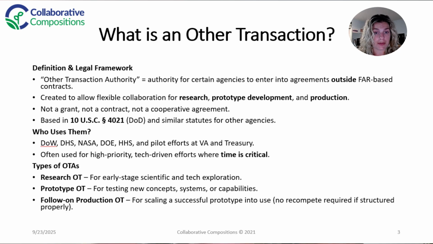There are 3 types of other transactions. Those include research OTs for early stage, basic, applied, and advanced research. Prototype other transactions, which are for testing new concepts, systems, and capabilities and getting those into the hands of the government customer faster. And follow-on production other transactions, which are awarded after the successful completion of a prototype.